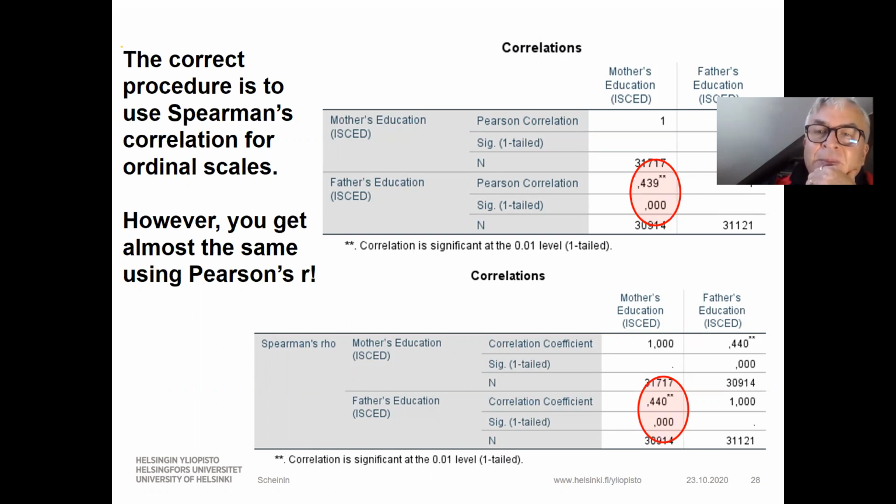And sometimes you see with master's theses and doctoral dissertations that people have been worried about using the wrong kind of statistical tool, and then they report something like the Spearman's rho in this case is 0.44.